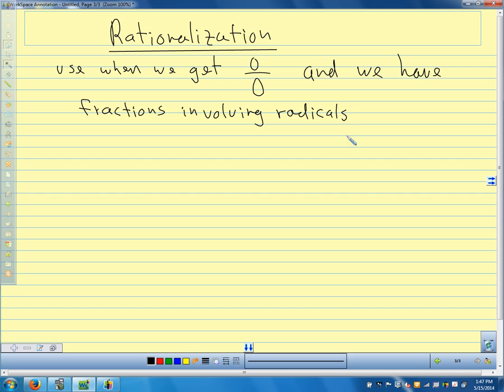Usually we're going to use the rationalization technique when we have fractions involving radicals. There are other situations when you can use it, but this is the most common: we get 0 over 0 and we have fractions involving radicals.